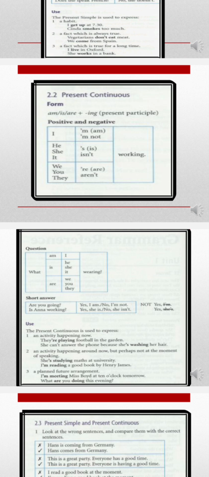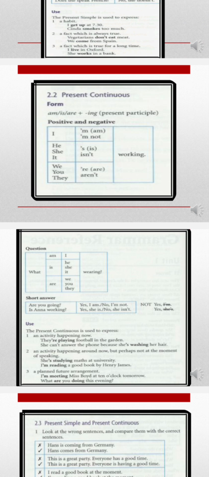I'm not working. He is working. He isn't working. She is working. She isn't working. It is working. It isn't working.